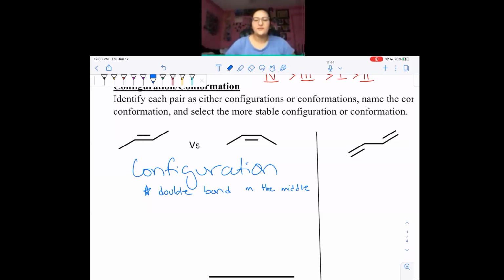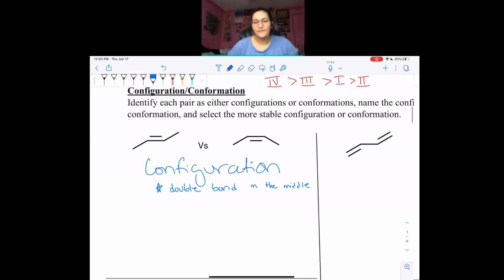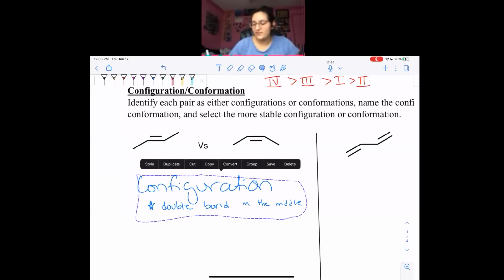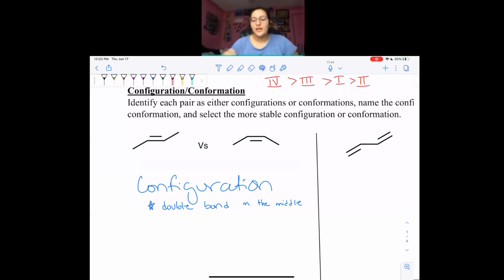So you can think of configuration as a single bond sandwich. I'm just going to move this over a tad so I can draw on the double bonds. So when we're doing configuration, it's a single bond sandwich with a double bond in the middle. That's the important part, right? The middle is the important part. So whenever we do configuration, I'm going to highlight the double bond because that is what we care about.